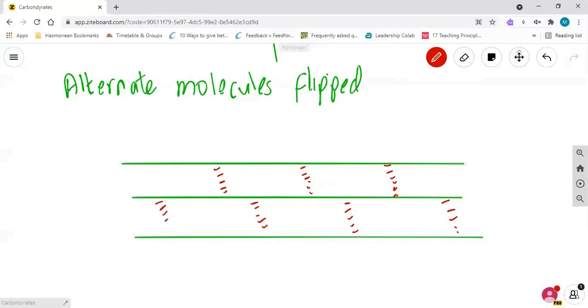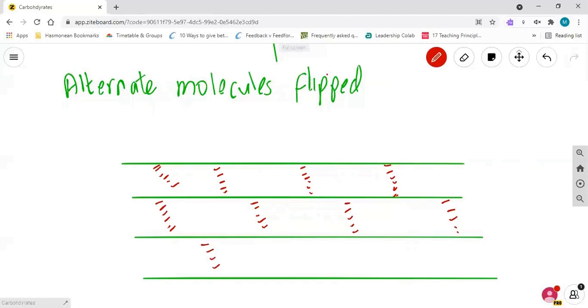But these hydrogen bonds, which are not that strong, but there's lots of them, they make a much stronger substance because we've got chains and chains of beta glucose molecules, which are my green lines, held together, and together they form a microfibril.